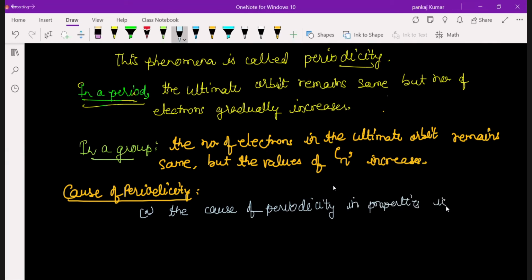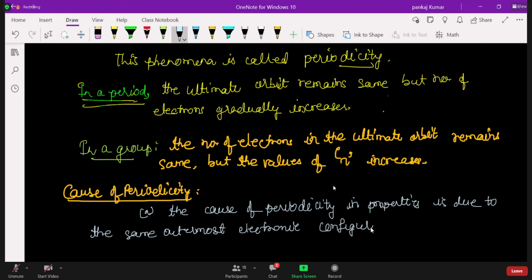Property is due to the same outermost shell, same outermost electronic configuration occurring at regular intervals.